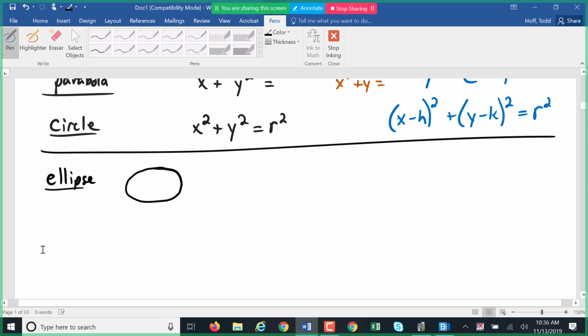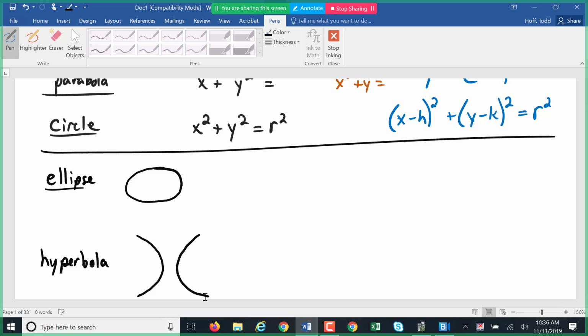And the other is a hyperbola. A hyperbola is kind of like two parabolas facing away from each other, like that. What we're going to focus in on today, focusing in on the properties of and the general equation of, is an ellipse.